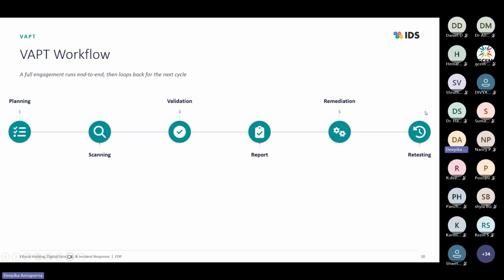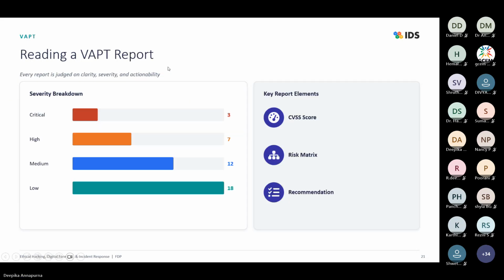Then again they will do a retest. Once the developer fixes all the issues found in the VAPT workflow, they will retest it again. This is how the VAPT workflow happens. So, the VAPT report. Let's see a VAPT report. I'll show you one.